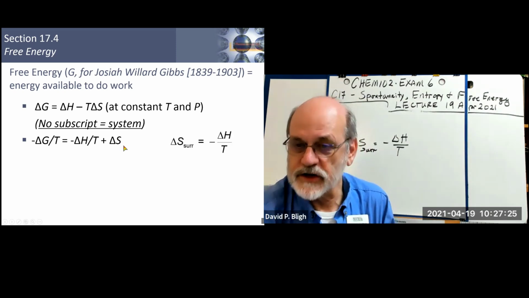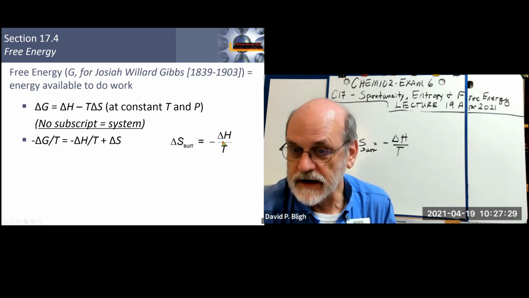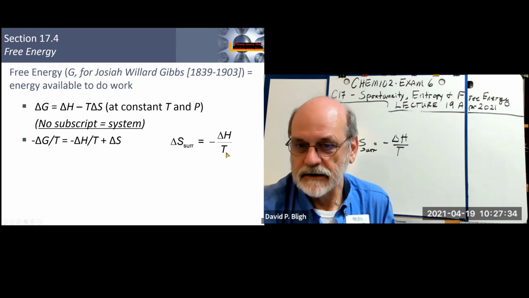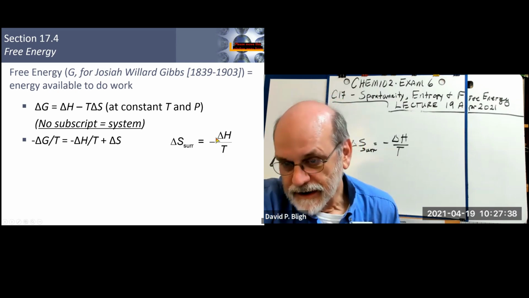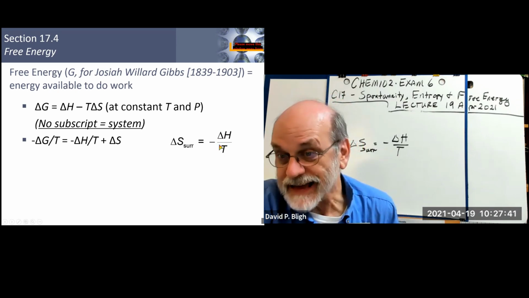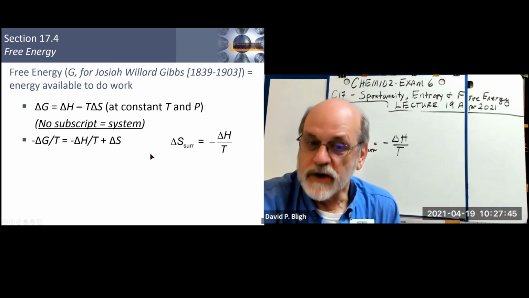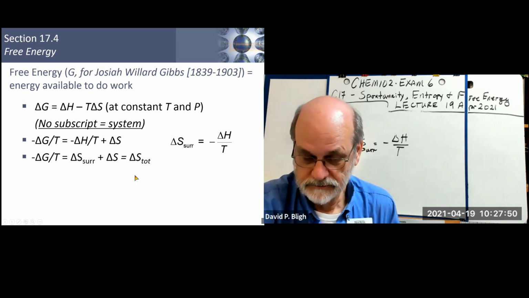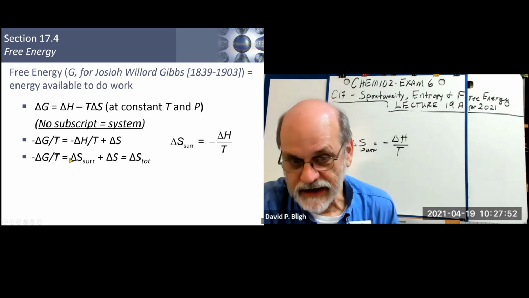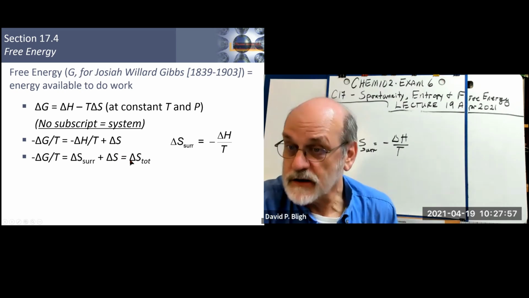Okay, and this is just a reminder, delta S for the surroundings is equal to negative delta H divided by T. Notice, negative delta H divided by T is this term right here. So we can substitute delta S for the surroundings in that equation. Now we've got this value equal to surroundings plus system, and that's equal to total, isn't it?